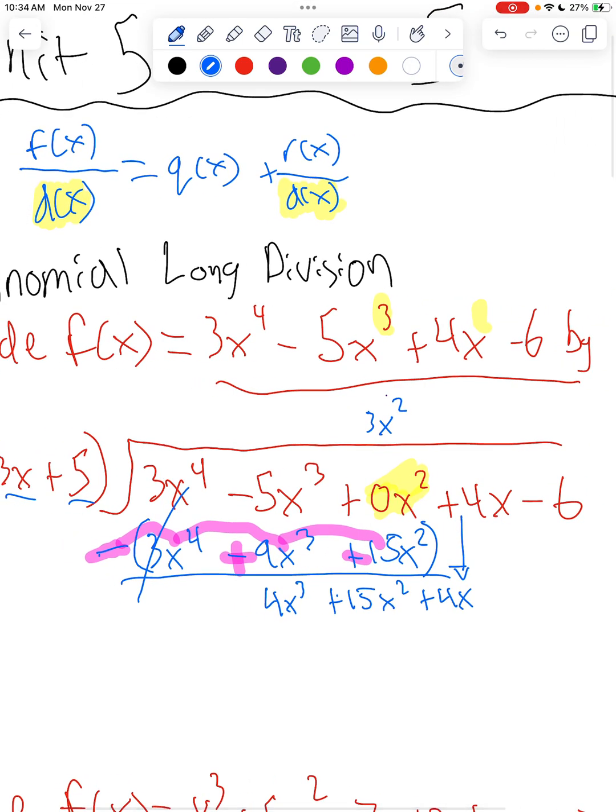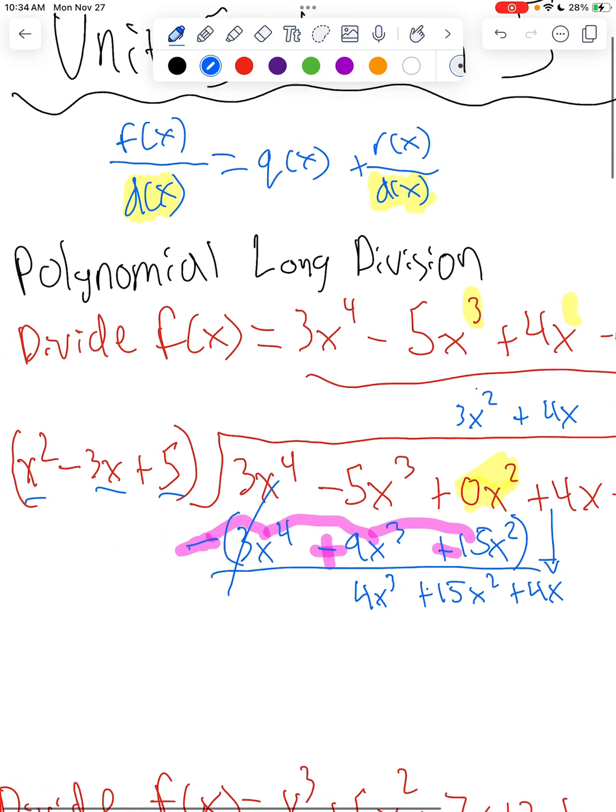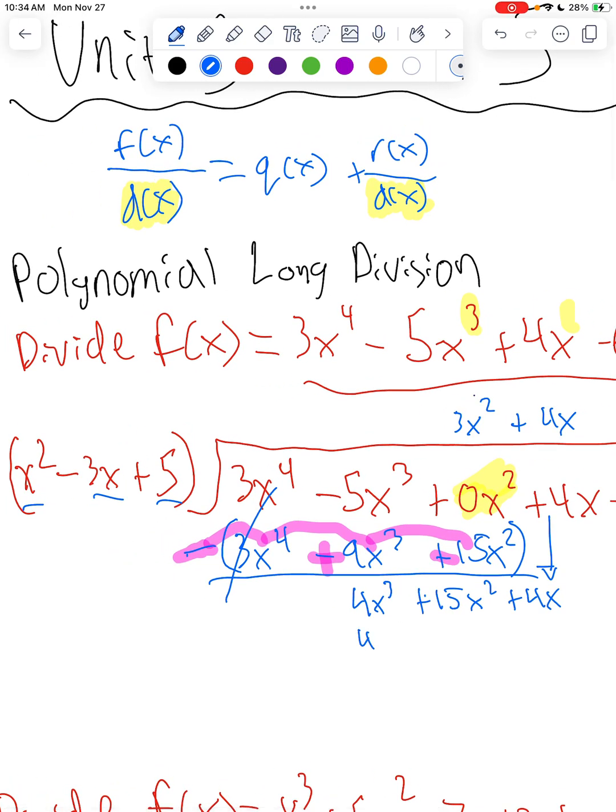Now again, my goal is to eliminate 4x to the third. What do I need to multiply by? I've got to multiply by 4x. So 4x times x squared is 4x to the third, and 4x times negative 3 is negative 12x squared. This should be a subtraction, I apologize.